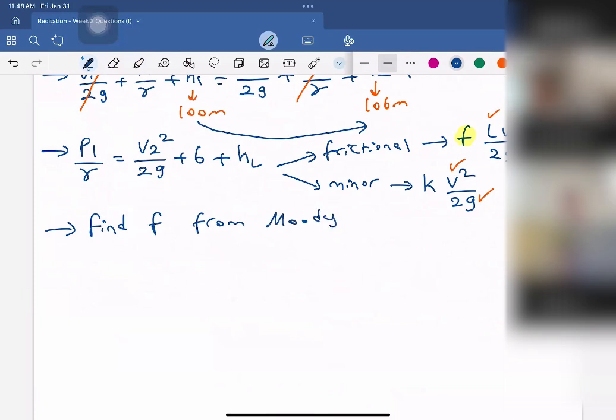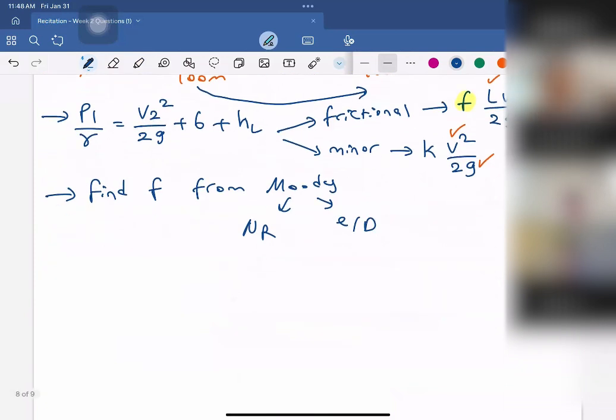And to do that, of course, we need to find Reynolds number and E over D as always. And in the Reynolds number, we have a velocity term.